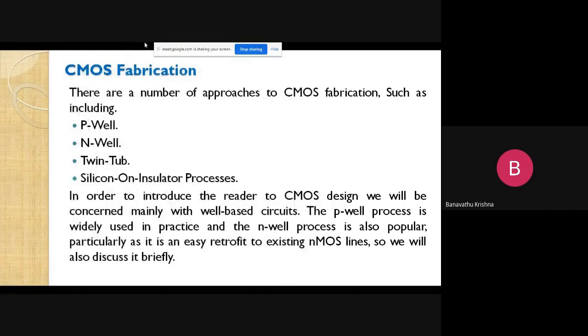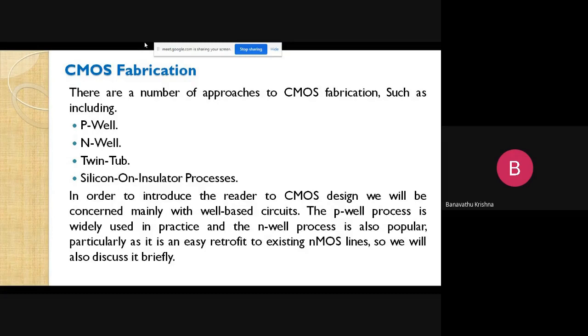So here, CMOS fabrication. There are a number of approaches to CMOS fabrication, such as P-well, N-well, twin tub, and silicon on insulator process. CMOS is nothing but a combination of PMOS and NMOS devices to implement the functions we need.